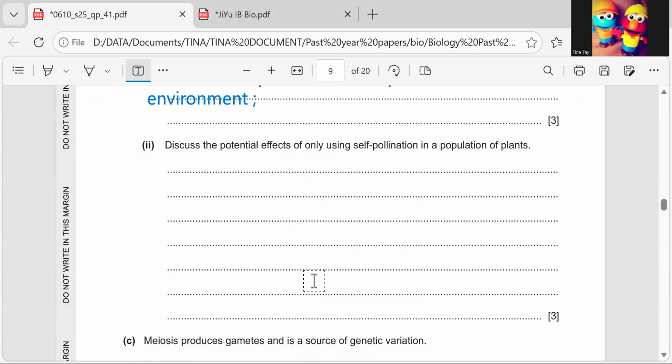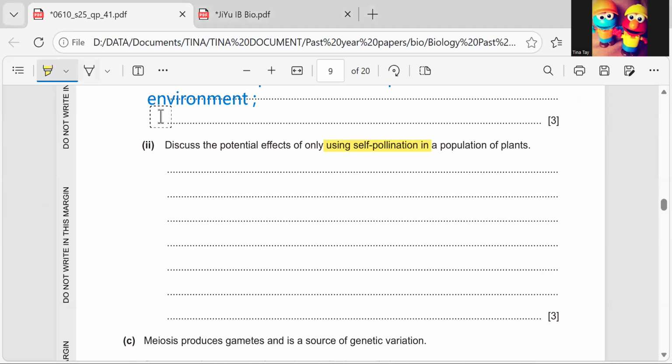Discuss the potential effects. This one is one of our problems. Using self-pollination, what happens if there is no genetic variation? If there's one disease that they're susceptible to, all of them will die. That's something they're asking you for, disadvantages.